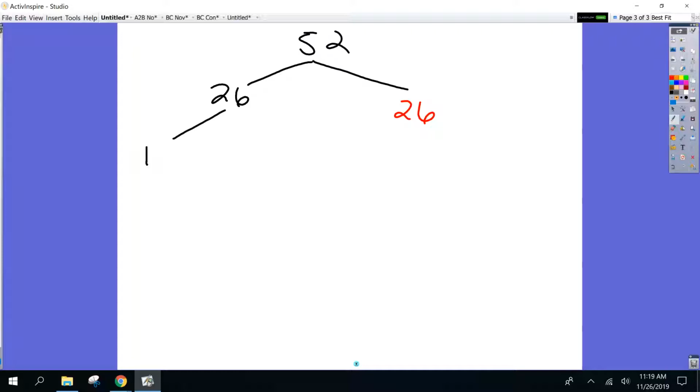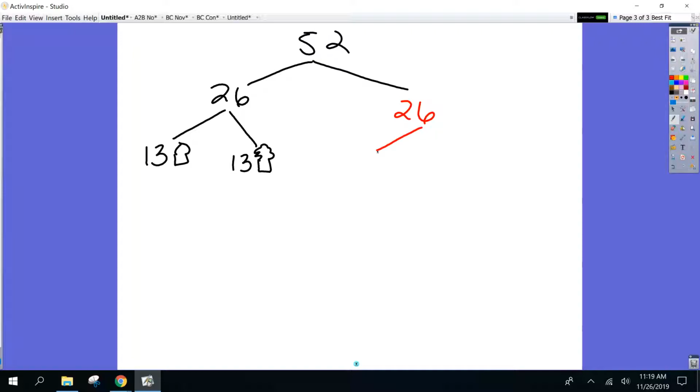There are 13 spades. 13 clubs, pieces of broccoli or trees, whatever, right? I'm sorry. That's why I teach math and not art.